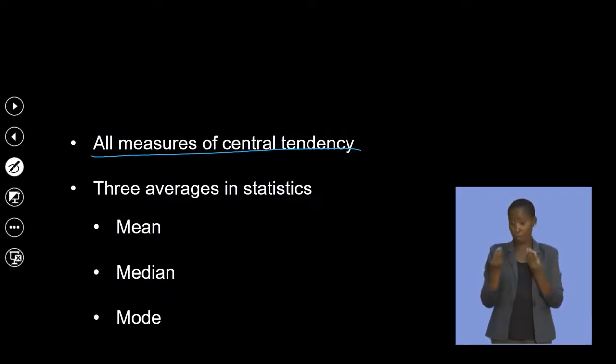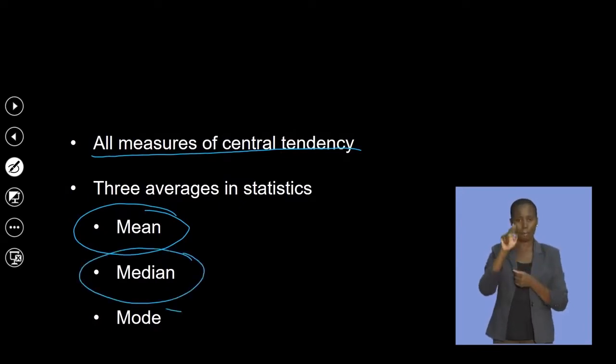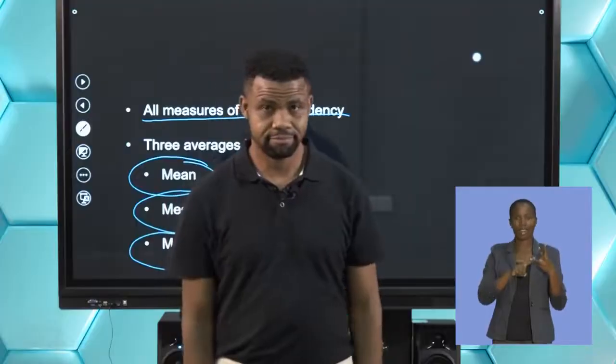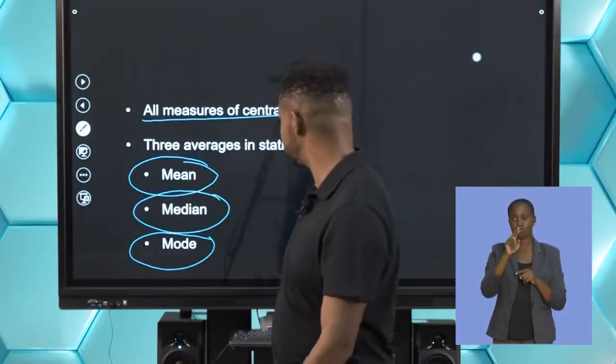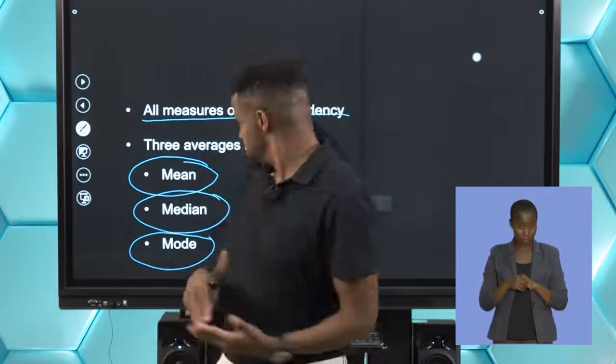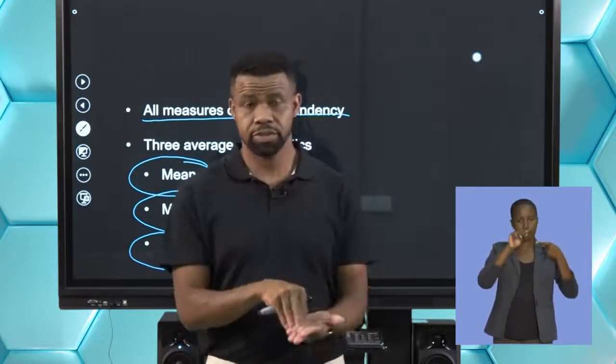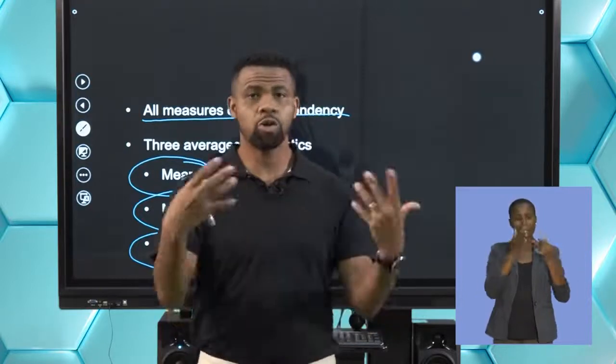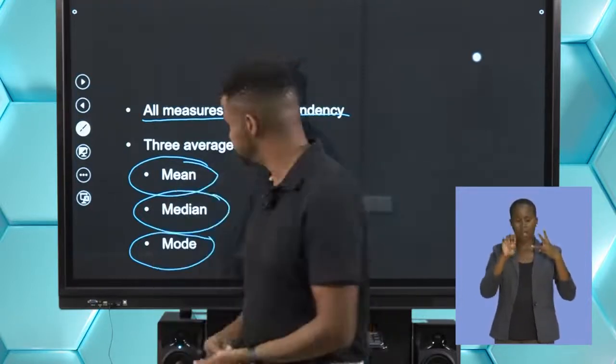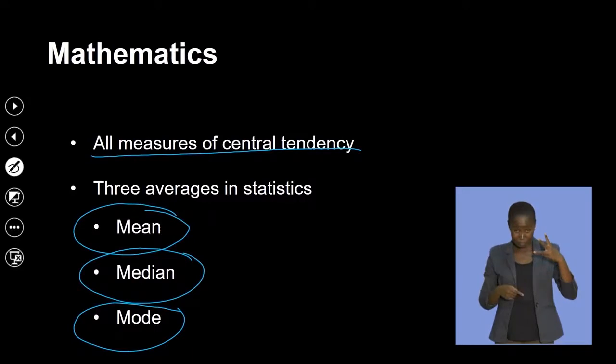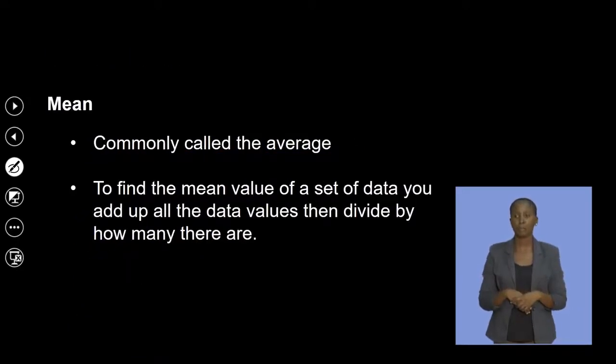There are three averages in statistics: mean, median, and mode. Are we all together? Mean is the average, median is the middle one in the data, mode is the most occurring one. So those are the averages.